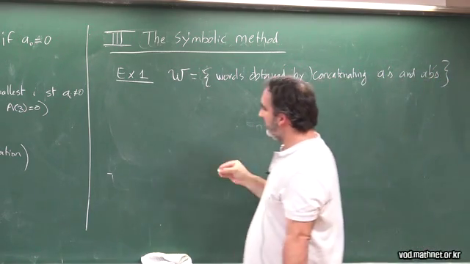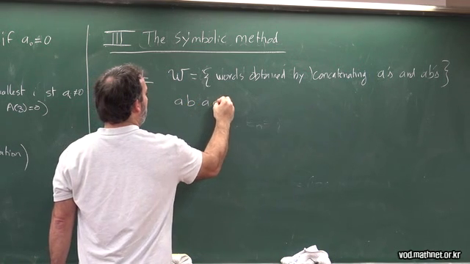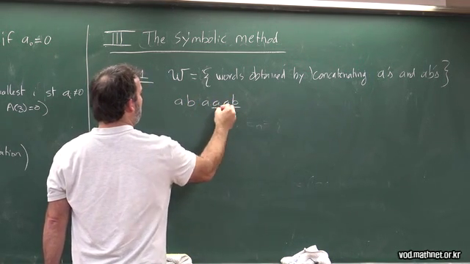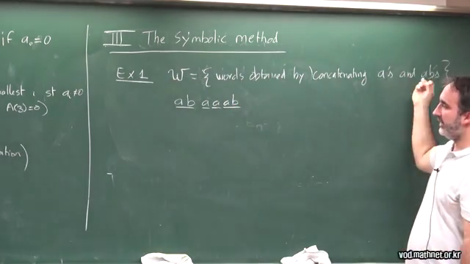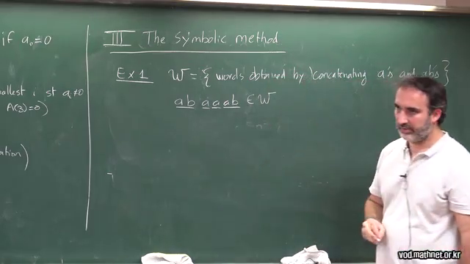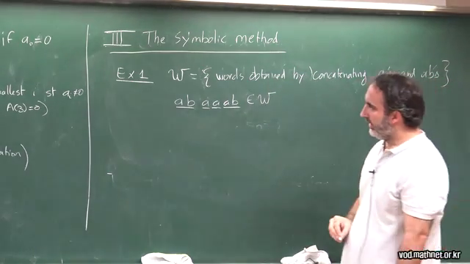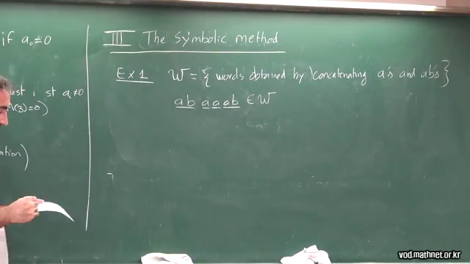So for instance, you have this word AB. It's a concatenation of A's and AB's, so it's in W. Okay, this one is easy if you want to count them.